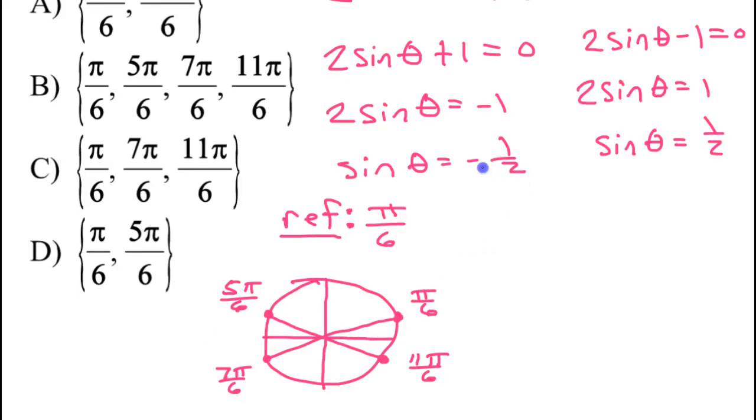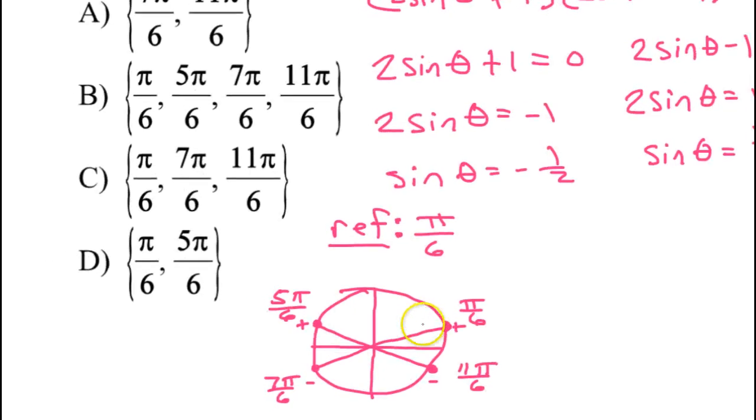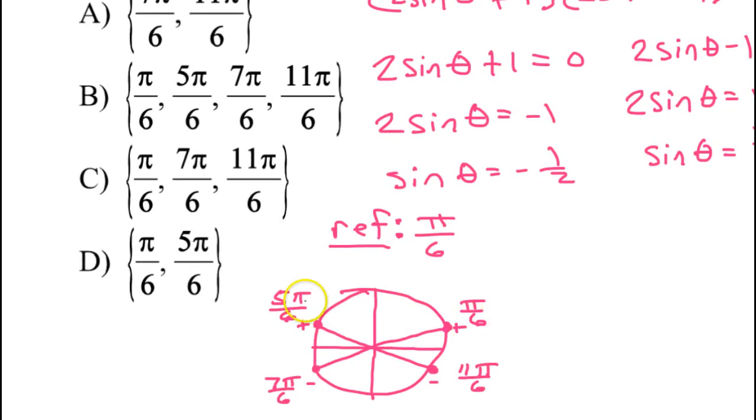Because we have positive 1/2 and negative 1/2, and sine is a y value, so it's positive up here and negative down here, but because we have both, we want all four. So all four of these will be the answer. So pi over 6, 5 pi over 6, 7 pi over 6, and 11 pi over 6. That's why the answer is going to be B.